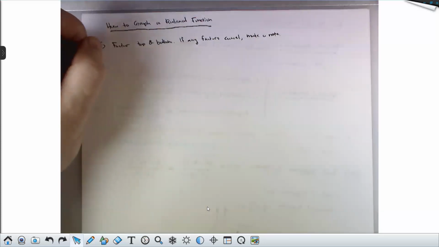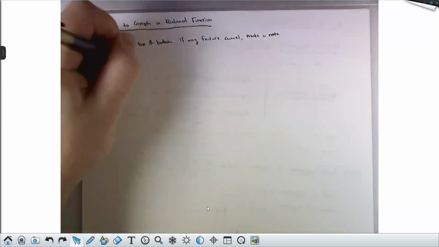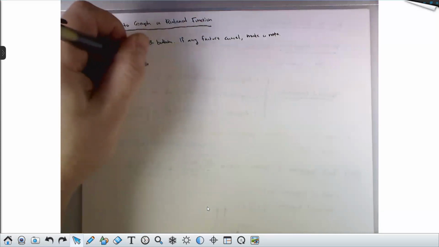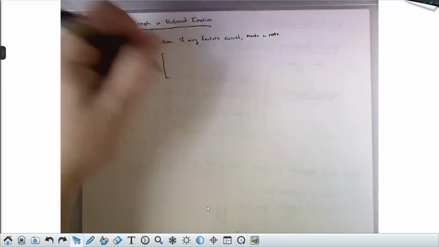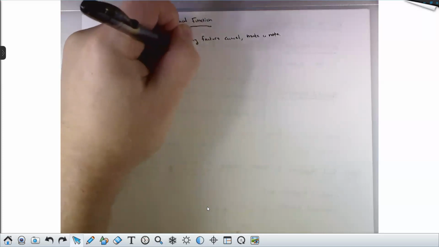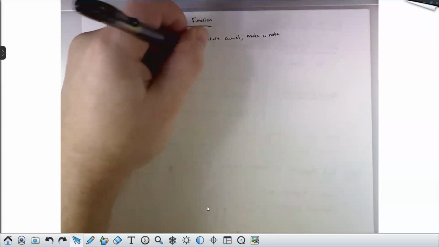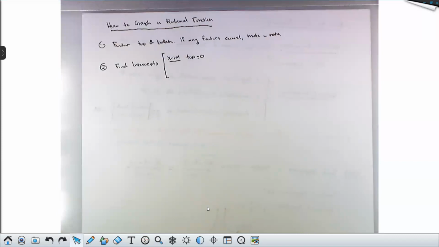Second, you're going to find the intercepts. X-intercepts come from setting the top equal to 0. Right, these will come from factors of the top.